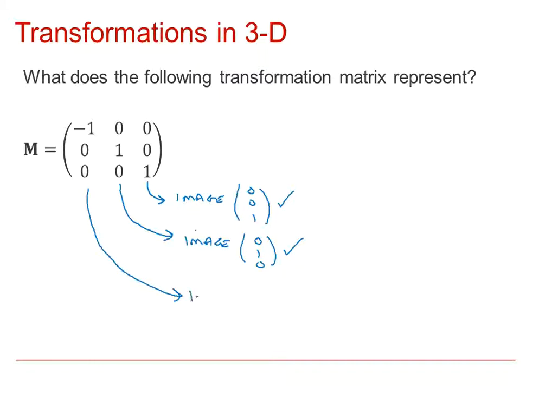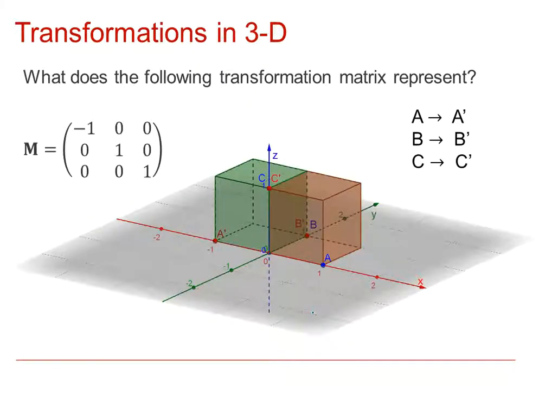So the first column represents the image of one unit along the x-axis. So that's the image of 1, 0, 0. The image of 1, 0, 0 is minus 1, 0, 0. The y-coordinate's the same. The z-coordinate's the same. So this matrix represents a reflection in the YZ plane. The y and z coordinates have remained the same, but the x coordinate has been reversed. So it's a reflection in the YZ plane or the plane x equals 0 if preferred.